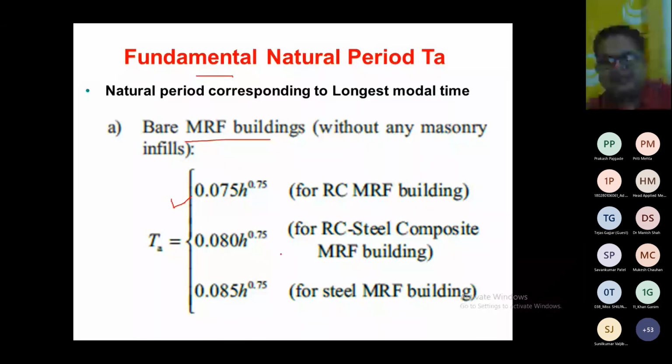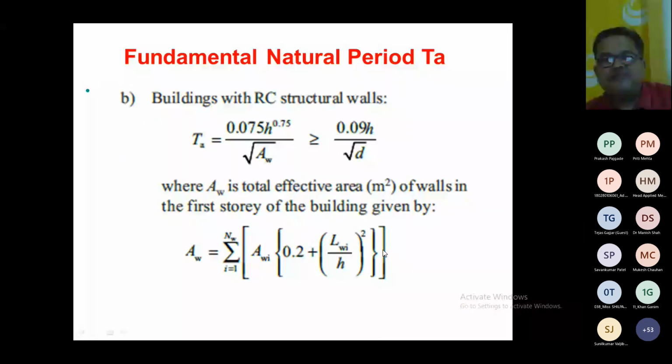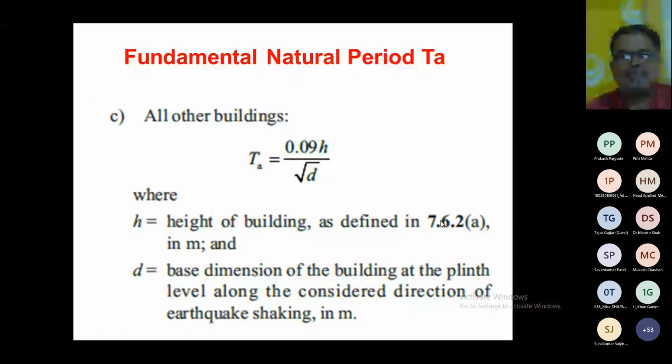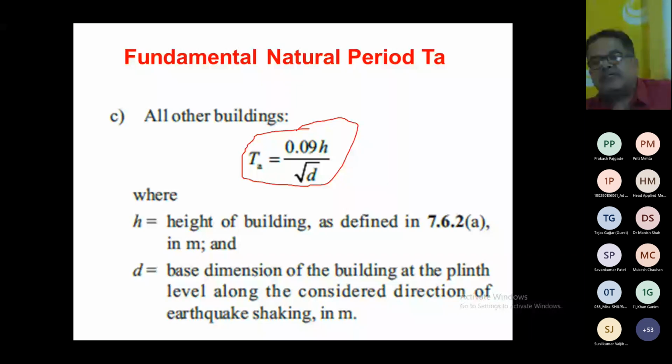The same way for RC, steel, the composite or steel frame. This is for the building with the RC structural wall, and for all other buildings, meaning buildings with infill walls, you can consider T is equal to 0.09 H by root D. H is the height and D is the base dimension in the direction of the earthquake, which is very important, right?